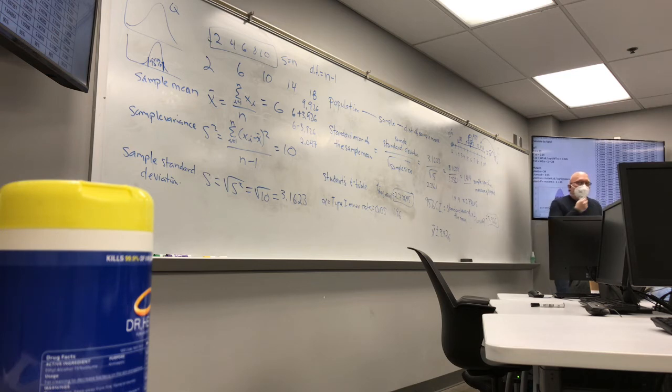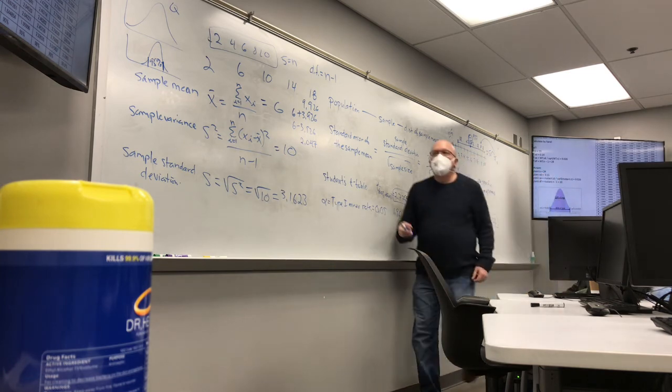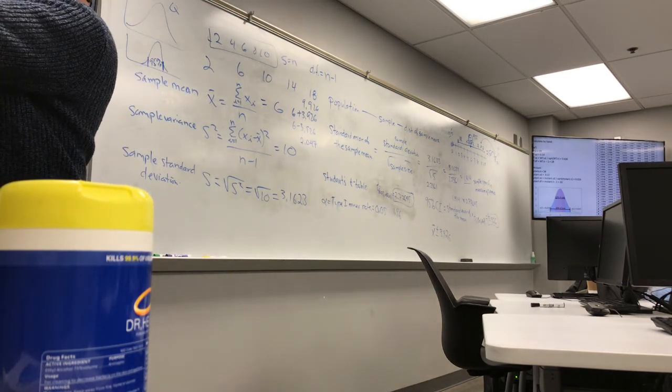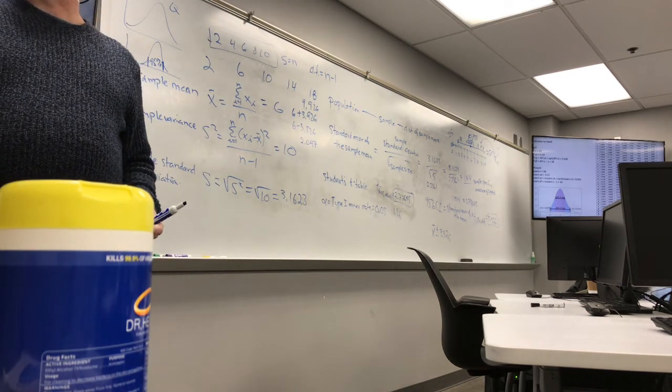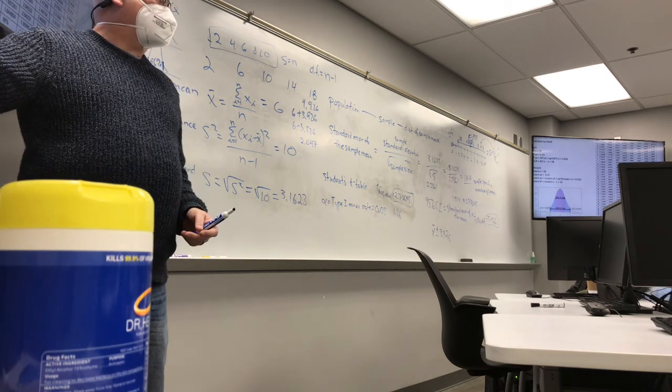Questions? Yeah. Why does it say that the 0.05? Because this is the alpha level, and in this case, 95% of the population lies in the middle, which means 2.5% lies on this side, 2.5% lies on this side.